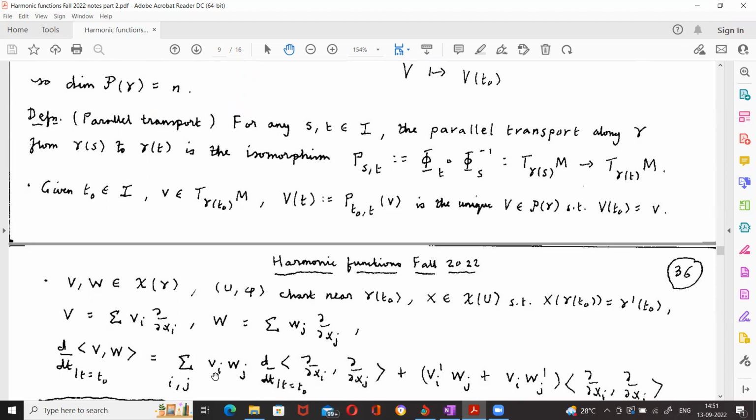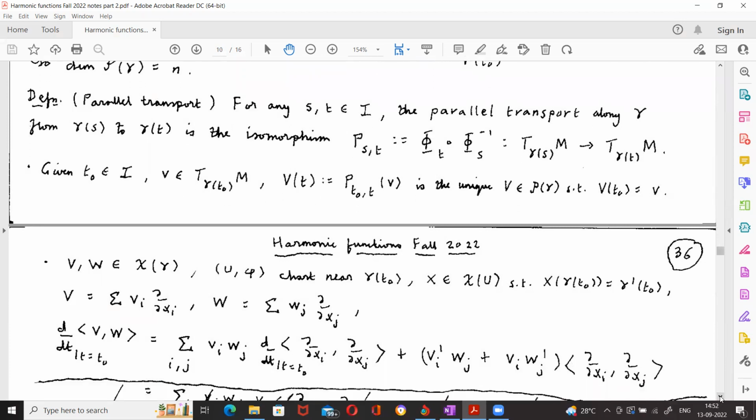I'm differentiating this product V^i W^j into the inner product. By Leibniz rule, it's V^i W^j into d/dt of the inner product plus the derivative of V^i W^j, so that's V^i' W^j plus V^i W^j', into the inner product <∂/∂x^i, ∂/∂x^j>.